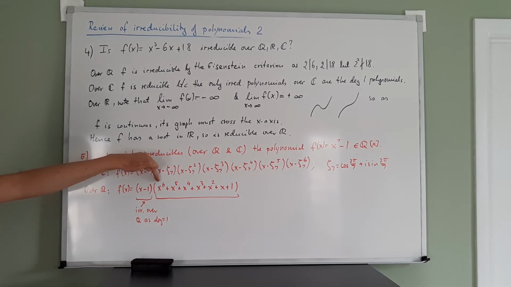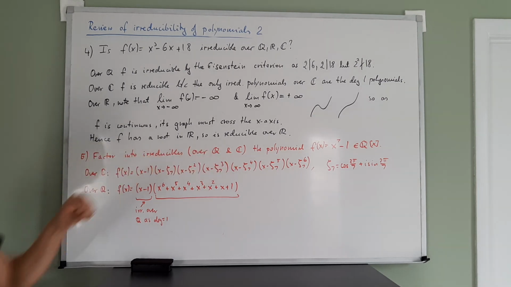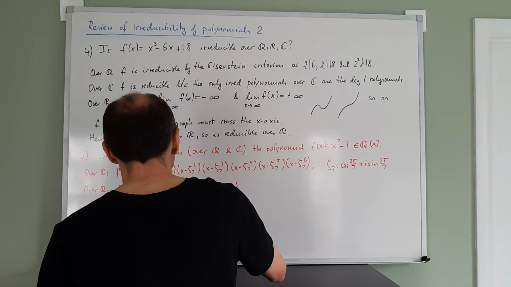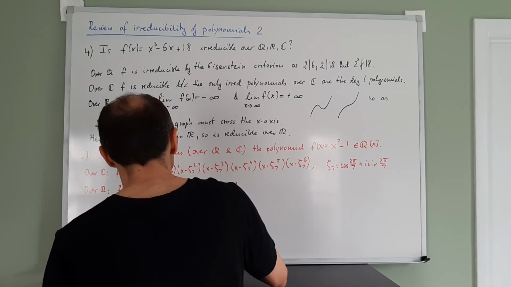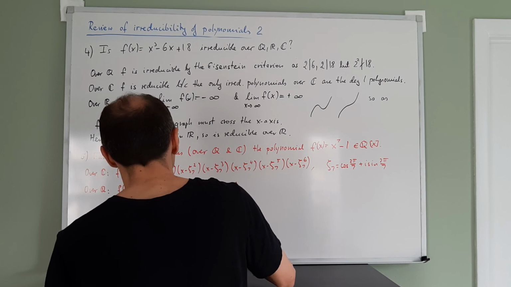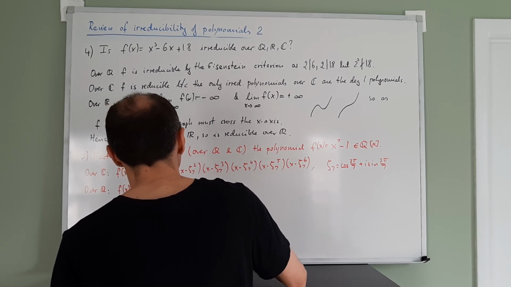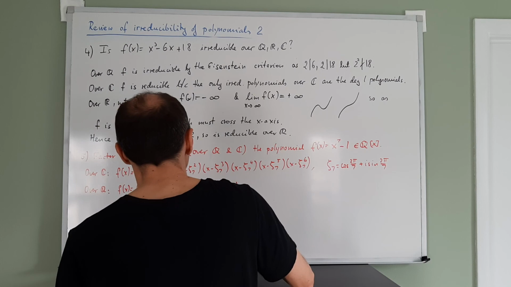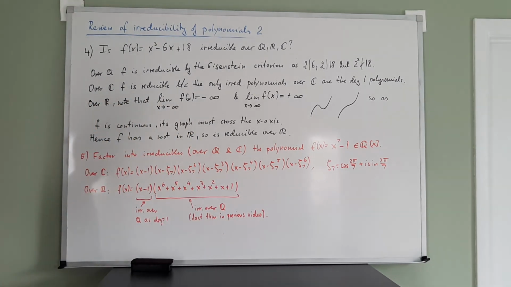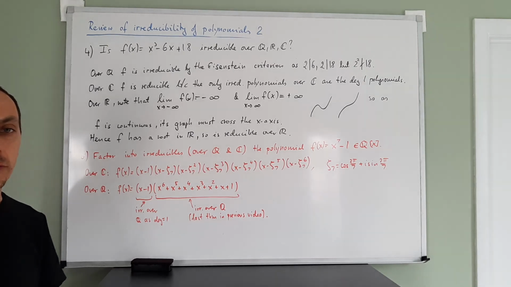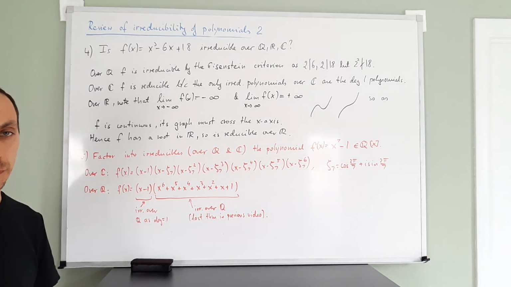This is x to the p minus 1, x to the p minus 2, and so on. So this is irreducible also over Q. So that was the last theorem in the previous video. Okay, this completes our review of irreducibility of polynomials.